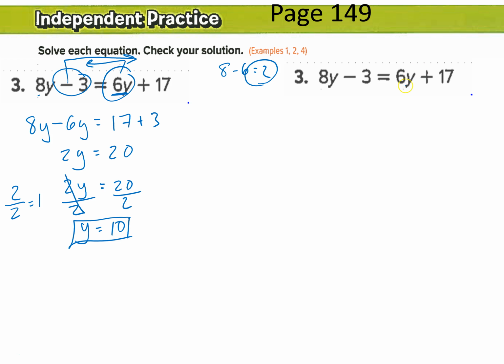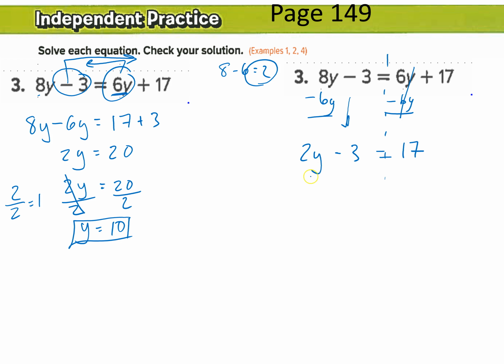Let's do this one. Now I'm going to subtract 6y from both sides. It's basically the same thing, just written differently. 6y minus 6y is 0. So now on my right side I have 17. 8y minus 6y is 2y. I bring down my negative 3.